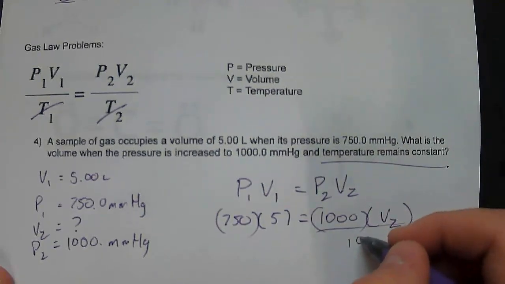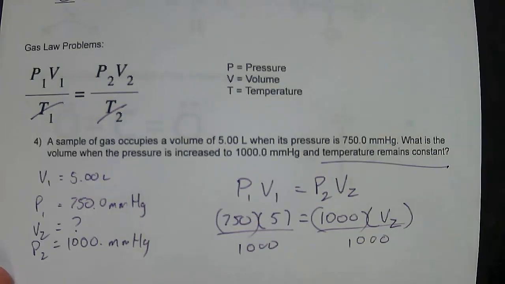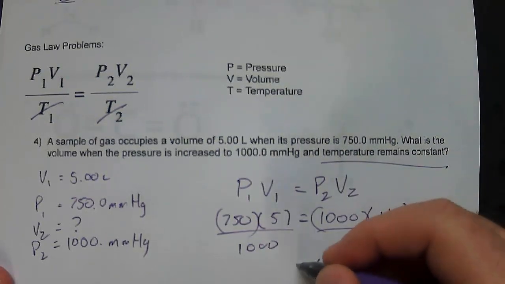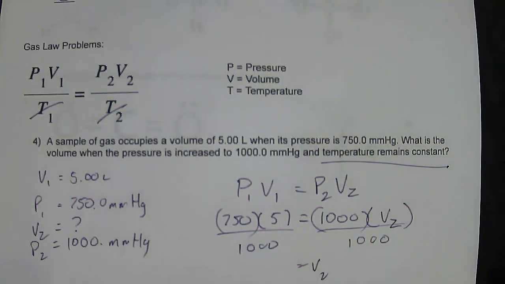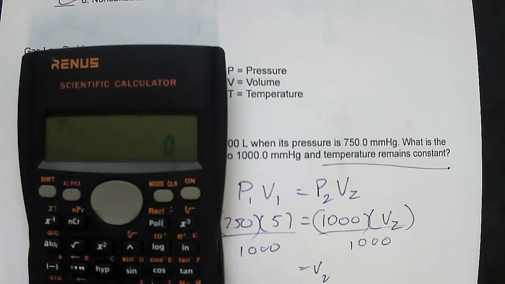So we divide each side by 1,000, and we get V2 equals, and so now we can plug that in. So we have 750 times 5 divided by 1,000.